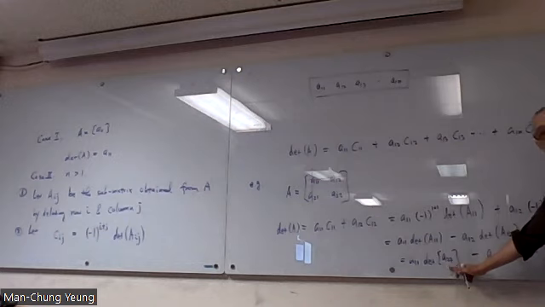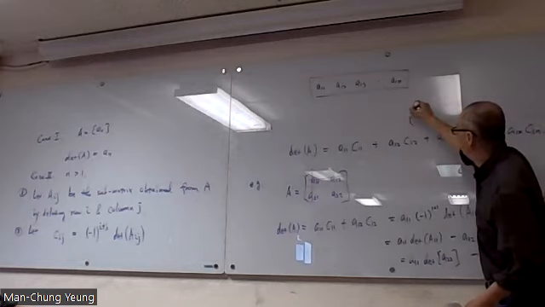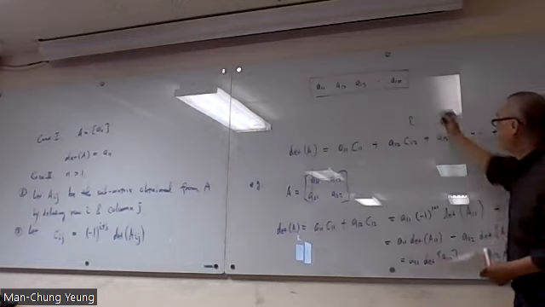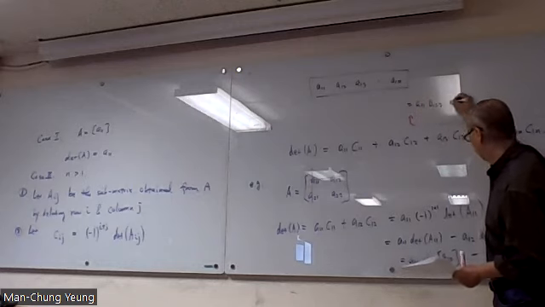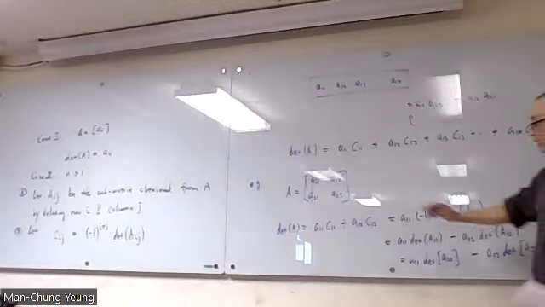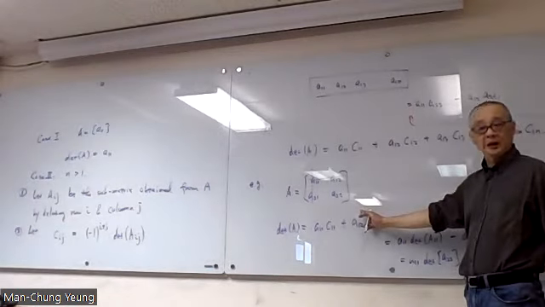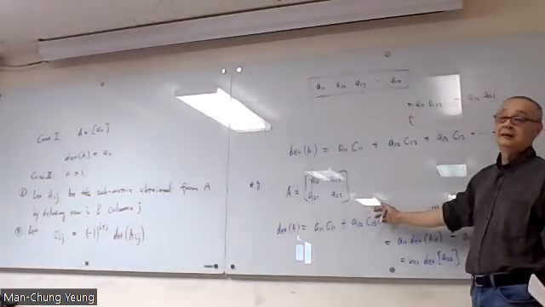A 1 by 1 matrix determinant is the entry itself. So let me continue here. I get A11 A22 minus A12 A21. A 2 by 2 matrix determinant is a number.